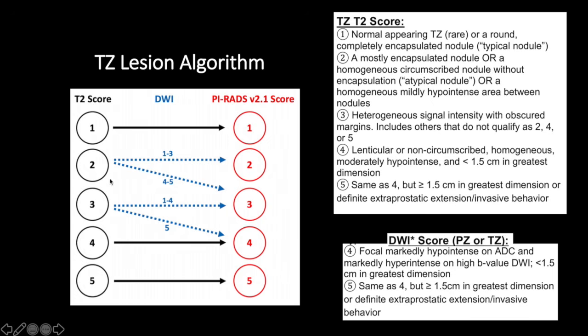Very importantly, a T2 weighted score of 2 in the TZ, so that refers to those atypical BPH nodules that we described, can be upgraded to a final assessment category of 3 if they have marked diffusion restriction, so DWI score of 4 or 5. And a T2 weighted score of 3 can be upgraded to a final category of 4 if it's markedly restricting and over 1.5 centimeters or with extraprostatic extension, aka a DWI score of 5.